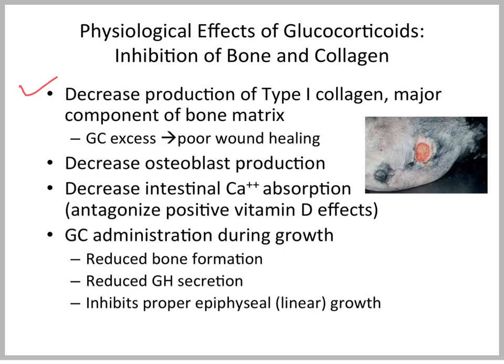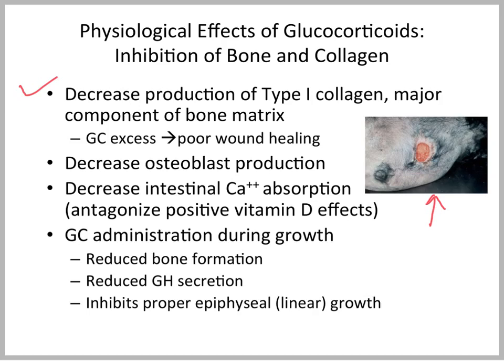And so as we see, in glucocorticoid excess, because of this, both within bone and outside of bone, this general reduction of collagen production, you can have poor wound healing. And that's manifest in this slide here in an animal that had repeated attempts to suture a wound. And you can see that wound has not closed, and the reason it didn't close is because the animal had hyperadrenocorticism.